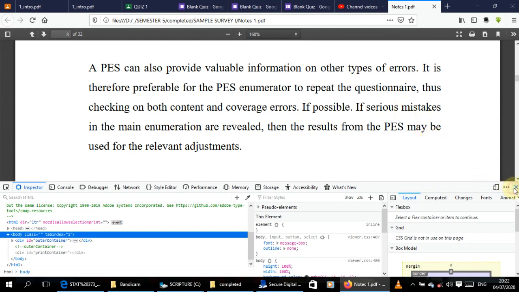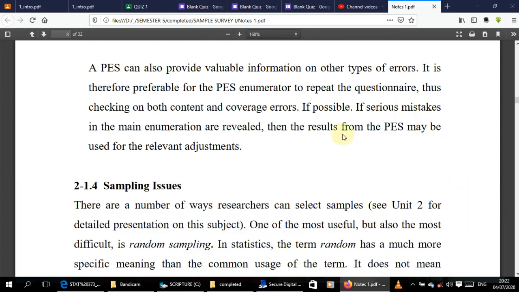All right. So we ended at the types of errors that you may come up against when trying to conduct a survey. And then we said that to avoid those errors, there are sampling errors and non-sampling errors.